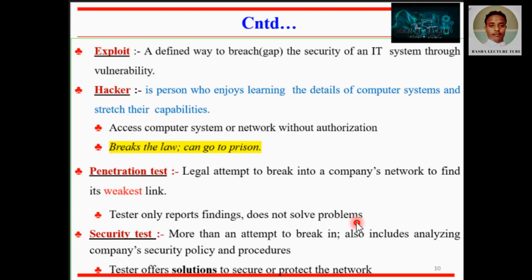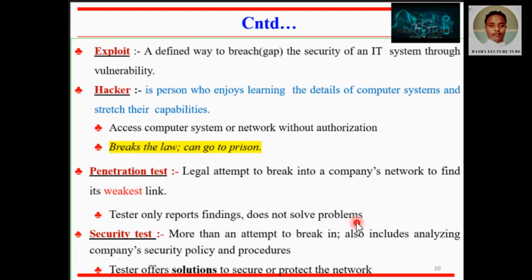And the other terminology is penetration test. It is a legal attempt to break into a company network to find its weakest link. That means this is a legal act, agreed between the company and the ethical hacker, and then that person can do the penetration testing. The other is security tester, a person who works as a security expert and proposes different solutions to protect your asset or network. A penetration tester or ethical hacker cannot come up with a solution.